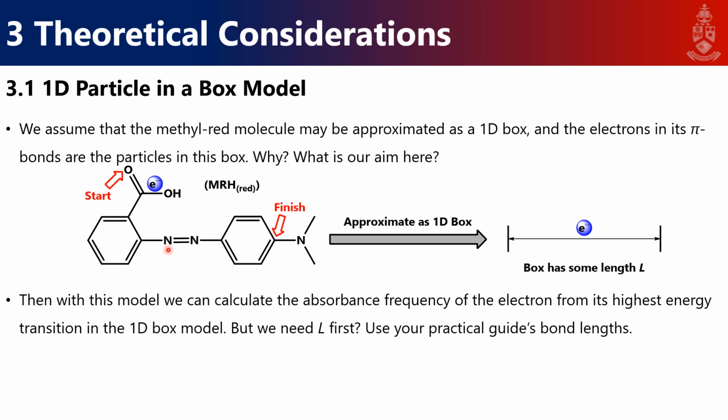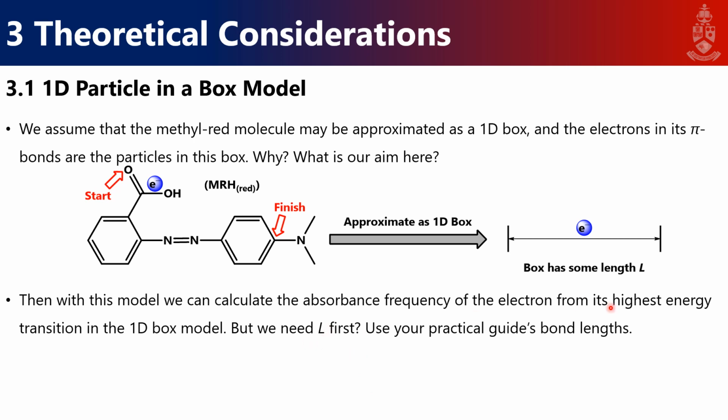So if we approximate this molecule as a one-dimensional box, meaning the electron can move on a line, that box has to have some length, L. Unfortunately, we need this L before we can do any quantum mechanical calculations, because we need to know the length of the box the electron is restricted in.